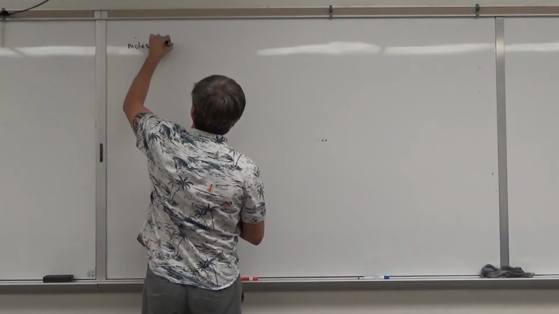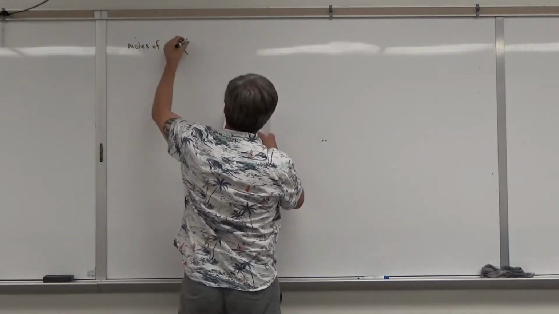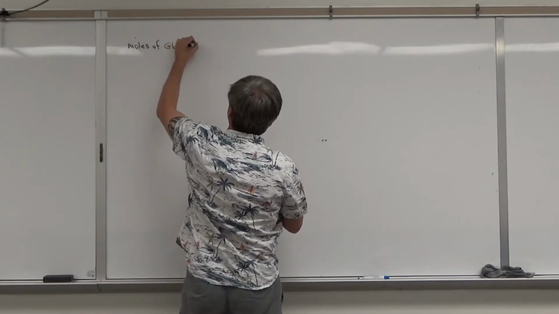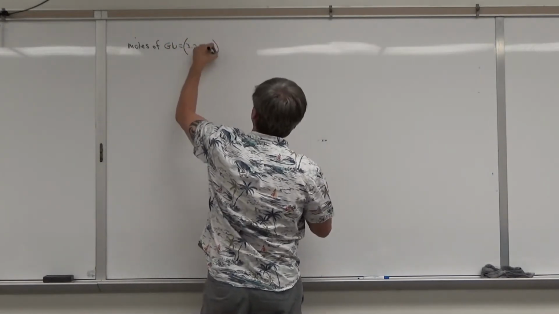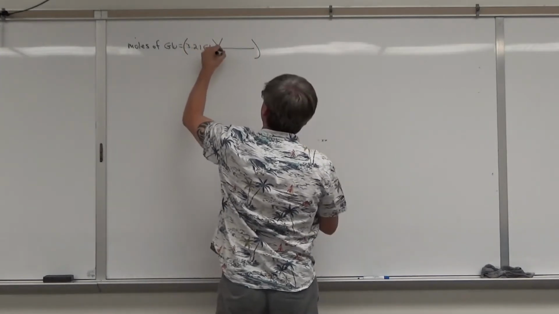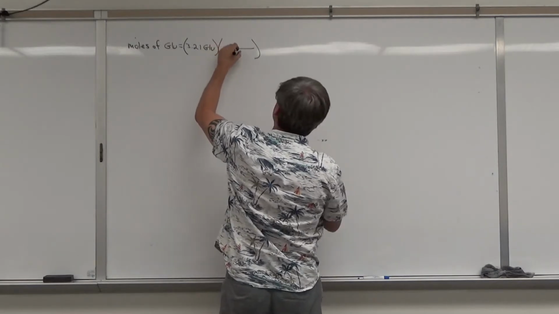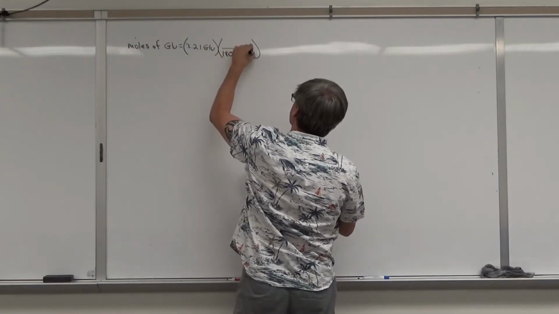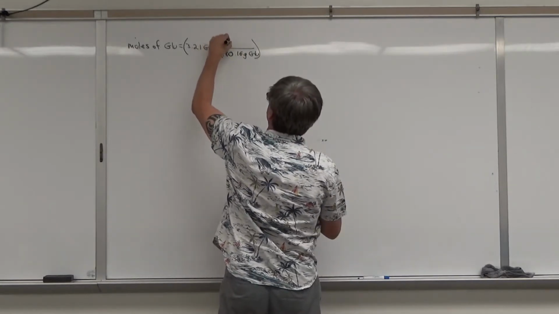So moles of glucose is 3.2 grams of glucose, times 1 mole for every 180.16 grams of glucose.